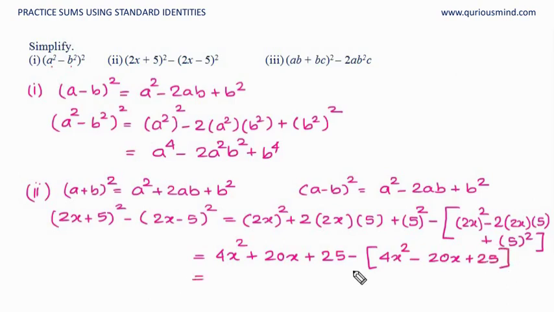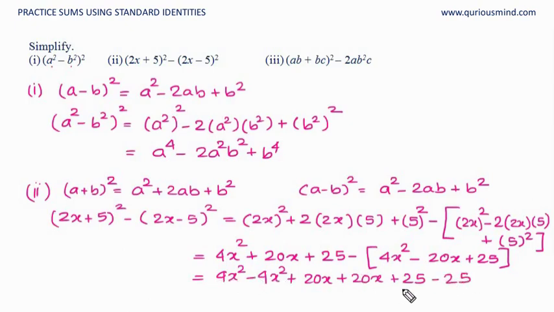Now we will bring these terms outside the bracket. So it will be 4x square and like terms together. So 4x square here minus 4x square plus 20x from here, minus and minus plus 20x, plus 25, minus plus minus 25.